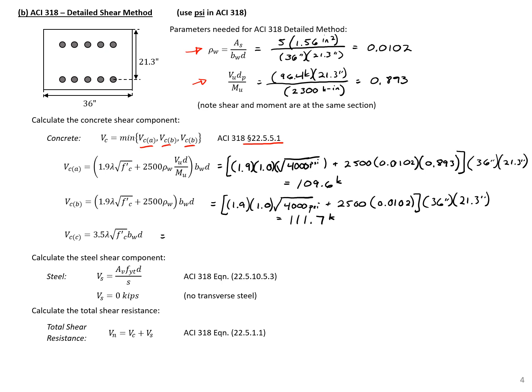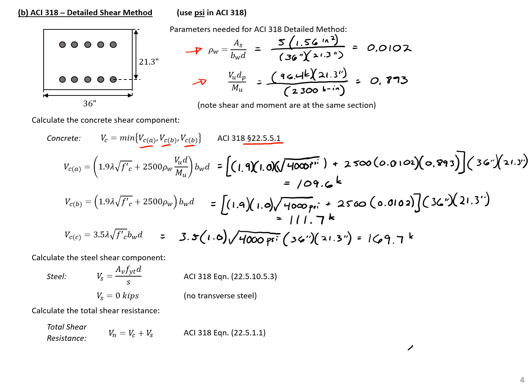And then our last equation here, we have 3.5 times 1.0 for normal weight concrete times square root of 4,000 times bw, 36 inches, times 21.3, our d, will give us a value here of 169.7 kips.